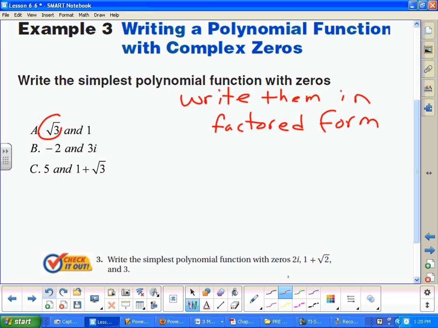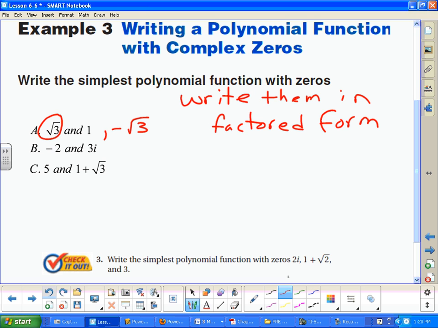There cannot be this number here without there being also the negative of it. Because whenever we've completed the square, whenever we've done the quadratic formula, you always end up with a positive and a negative when it comes to square roots and when it comes to complex numbers. So if they say there's a square root of 3, there must also be the negative square root of 3.